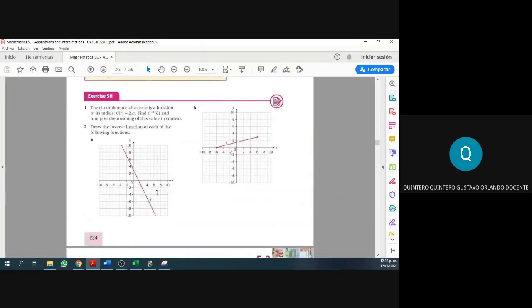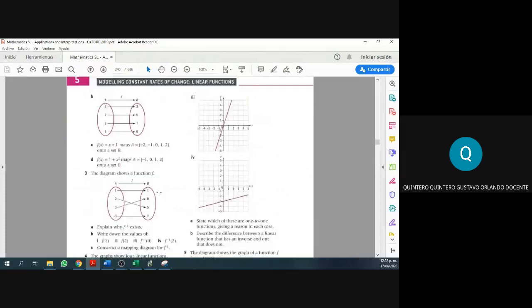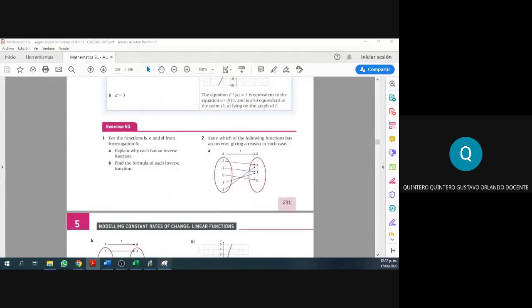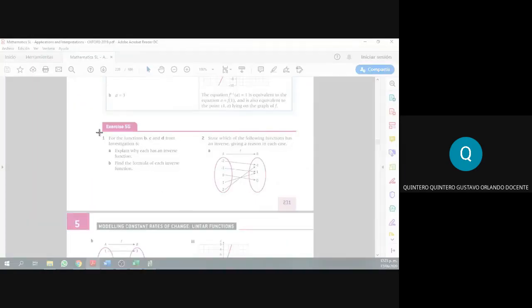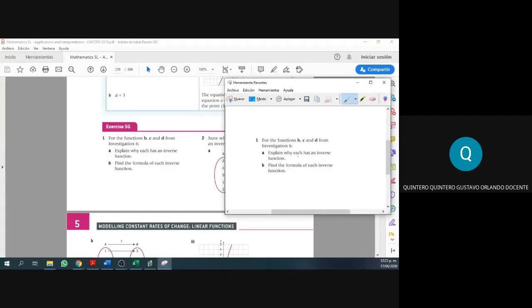The question was, here, right? This is the question. Let me copy it here so we can do it. We need to explain why each function has an inverse, right?